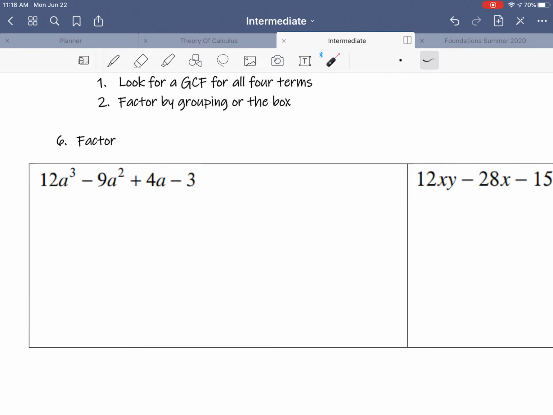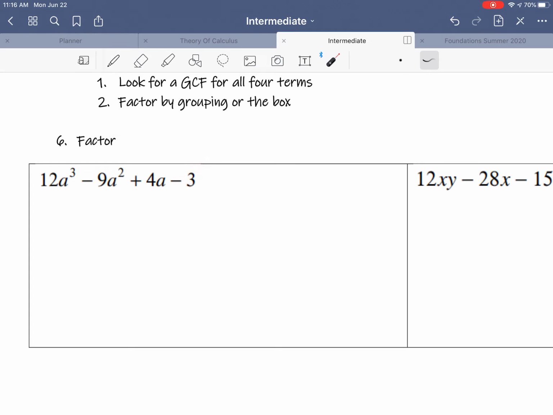So this first example, I have a 4-term polynomial. Your first step is to see if all terms divide by the same number. And it's almost a 3, but 4 doesn't divide by 3. And they almost all have a's, but 3 doesn't.